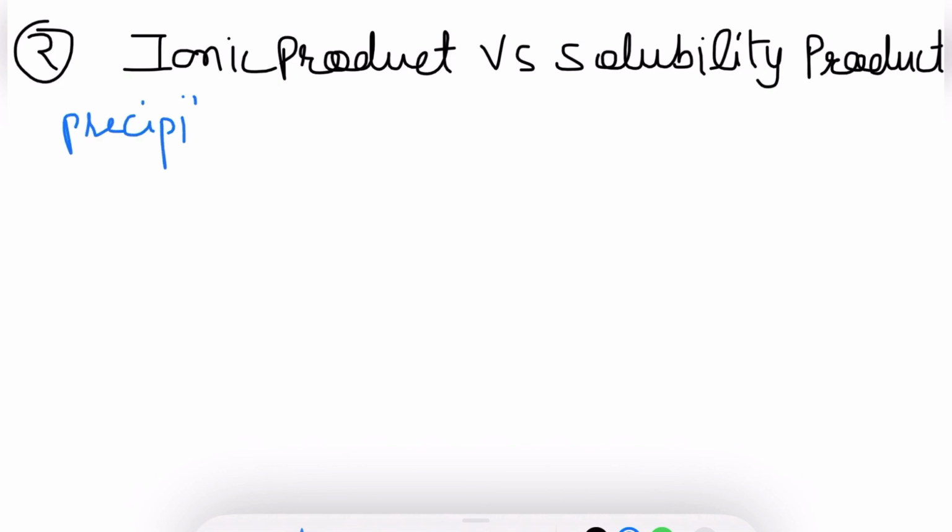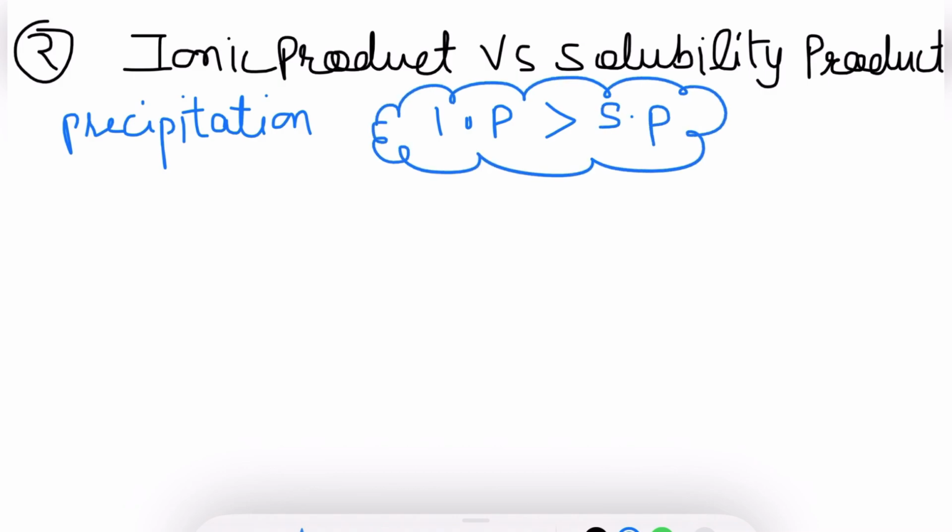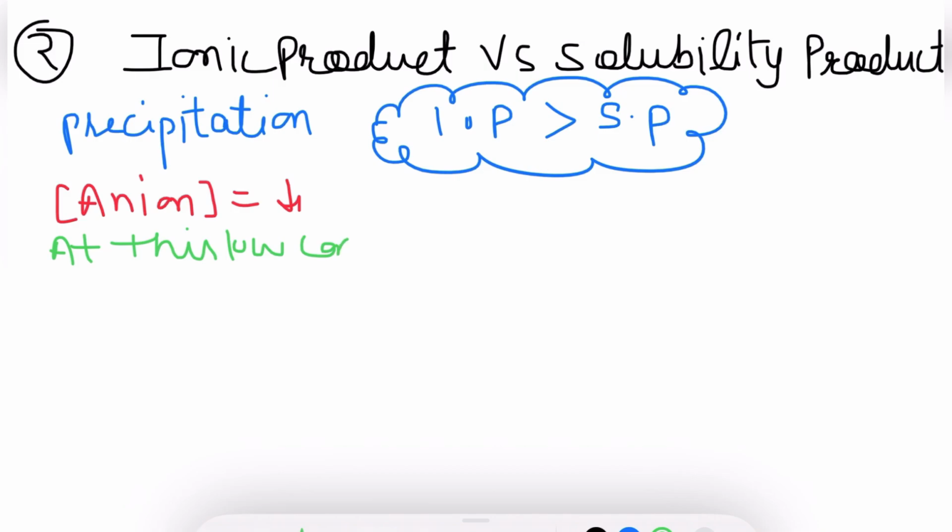Precipitation takes place only when the ionic product exceeds the solubility product. Only then is the precipitate formed. Because of Le Chatelier's principle, there is a decrease in concentration of anion. At this low concentration, the ionic product becomes more than the solubility product for a particular group, and this results in the formation of precipitate.